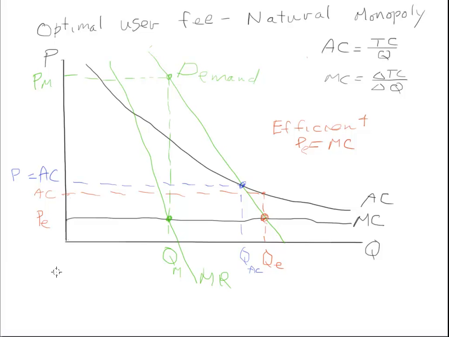The Ramsey solution is that the government has to raise a certain amount of revenue. They need to break even, which is where we talked about average cost. And in this case, the Ramsey rule says set the user fee so that the demands for each of the companies or commodities are reduced proportionately. And so that's another way of doing it.